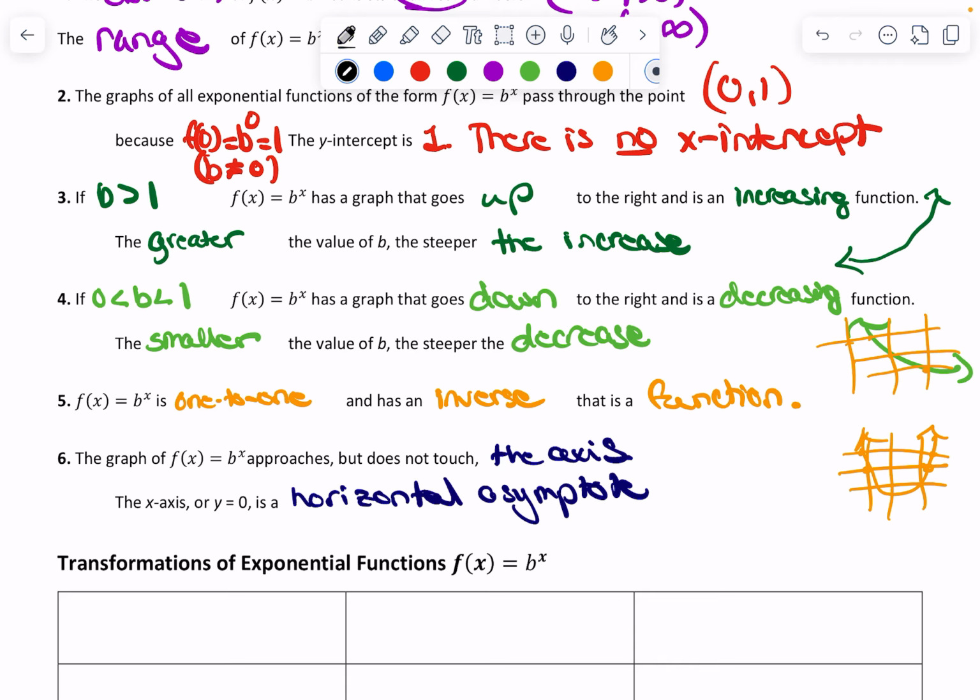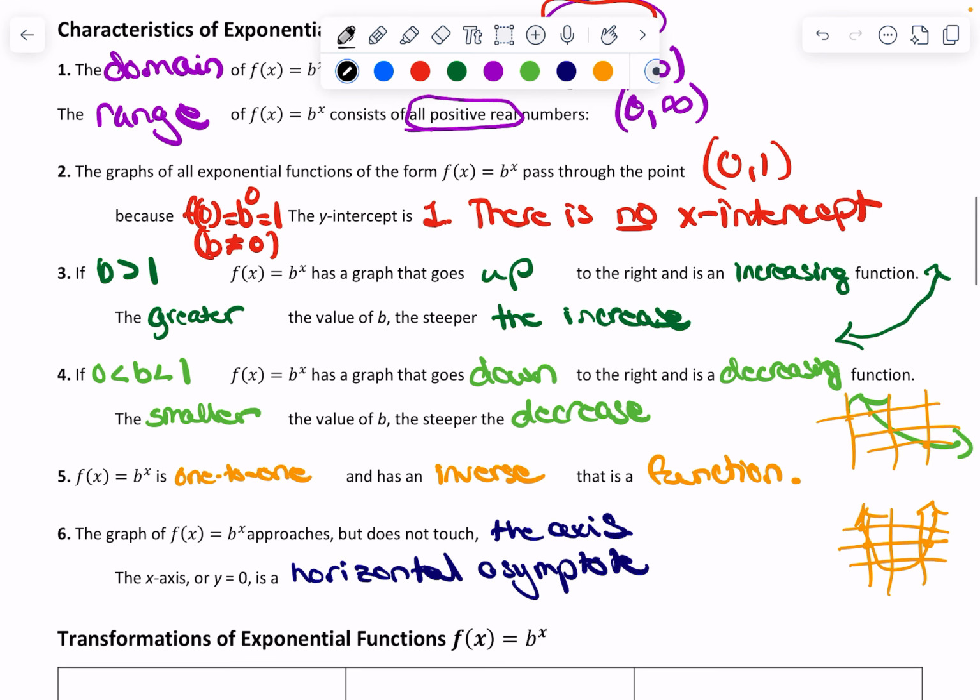Okay, let's put all this together. I'm going to sketch it right here. So I'm going to do the y and the x-axis. So if we look at number 2, it always passes the point (0, 1). So that's a point that it always passes. Now, if b is greater than 1, it goes up and increases.